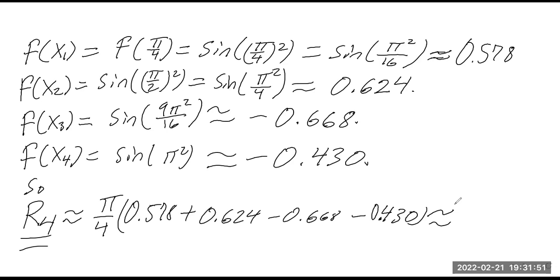We're going to add the 0.624, subtract out the 0.668, subtract out the 0.43, multiply that by a nice pi over 4. And what you're going to get is that this is approximately 0.082, rounding off to the 3rd decimal place.